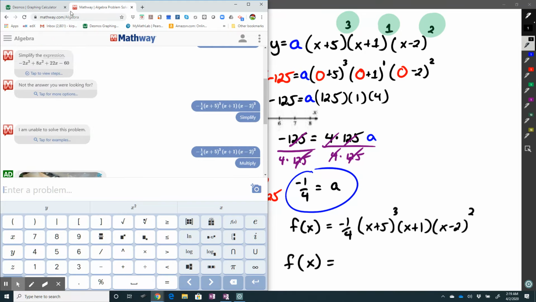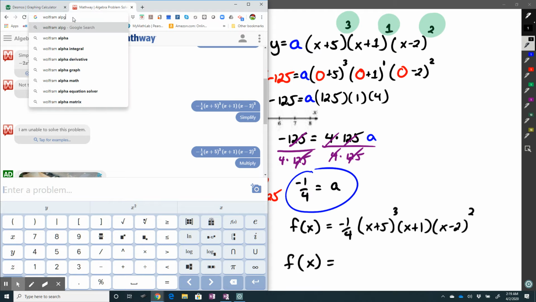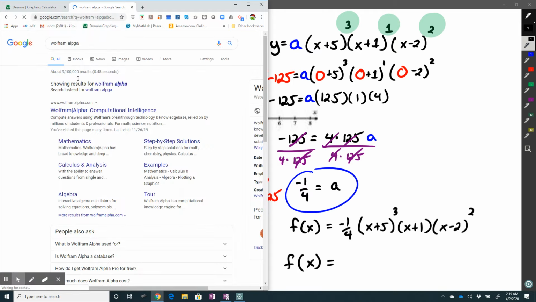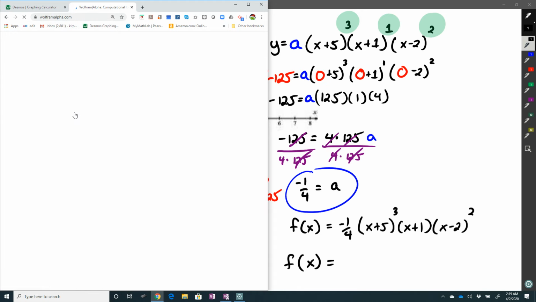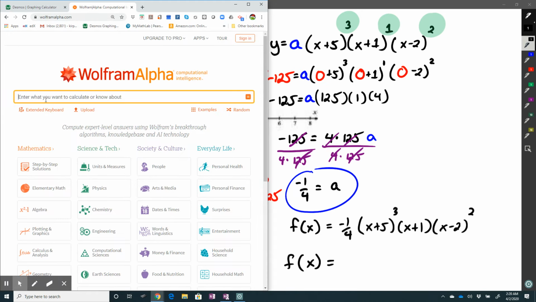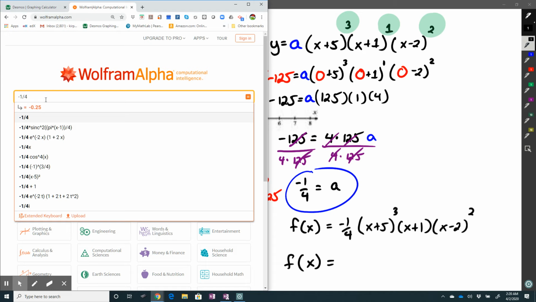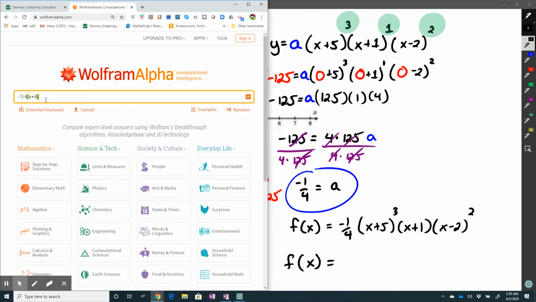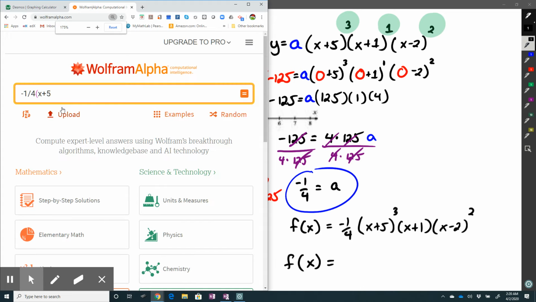So there's another website that I like to use called Wolfram Alpha. And it's kind of the same idea. So I'm doing the same thing. I'm typing in the number here.